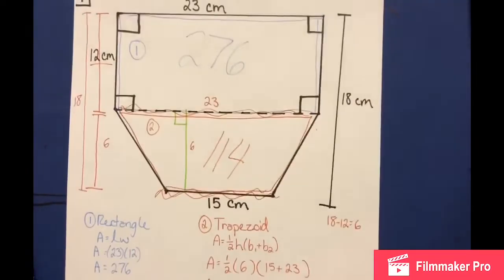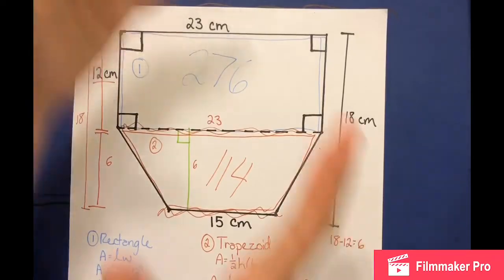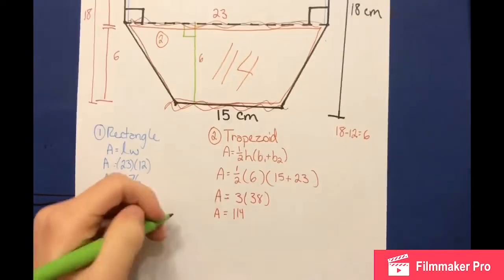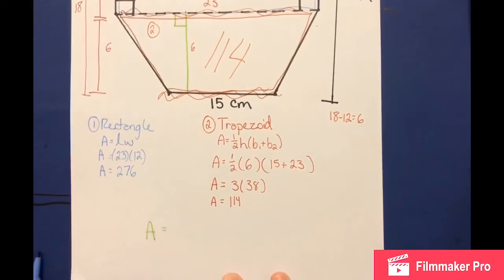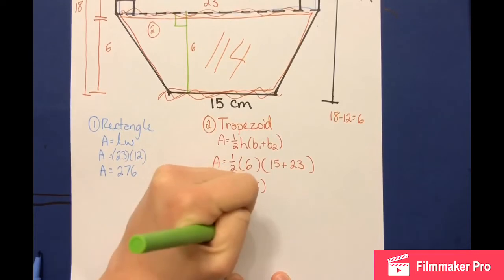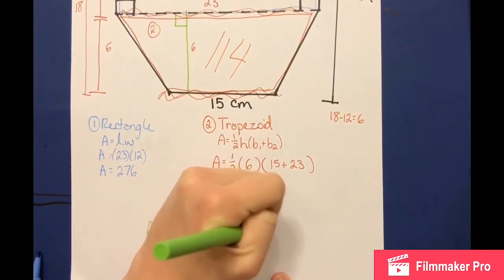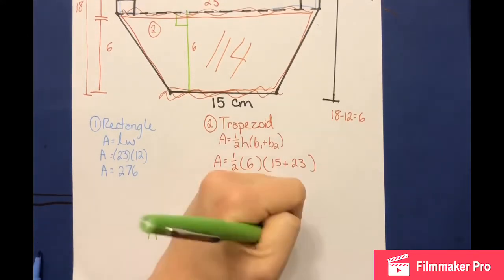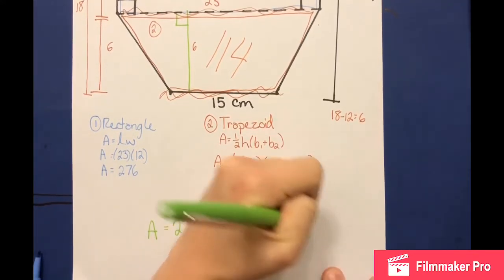How do you find the full area? Think sum, you're just adding the two together. So that's our last step here. I have the final area is equal to 276 plus 114, which is equal to 390. And they're giving you units, so make sure you have units. Area is always units squared, so here it's going to be centimeters squared.